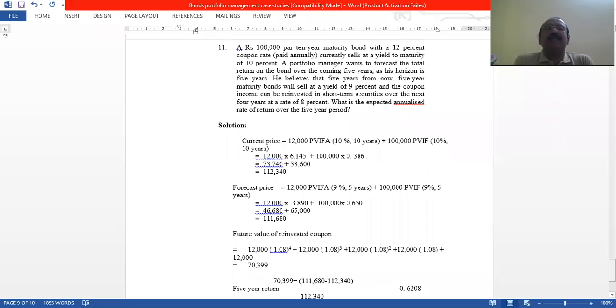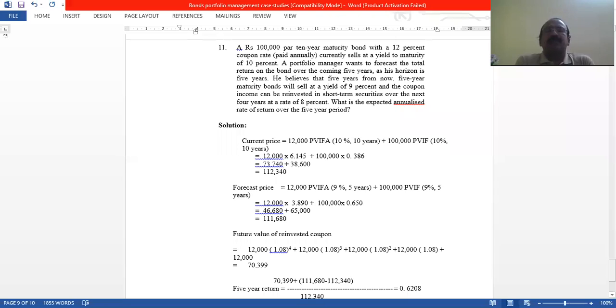So the price will be higher. Coupon rate is 12%, yield is 10%, yield is less, the price will be higher than 1 lakh. So 12,000, 10%, 10 years, the table value is 6.145, and then 10%, 10 years, present value factor is 0.386. You will get 1,12,340. That's the current price.